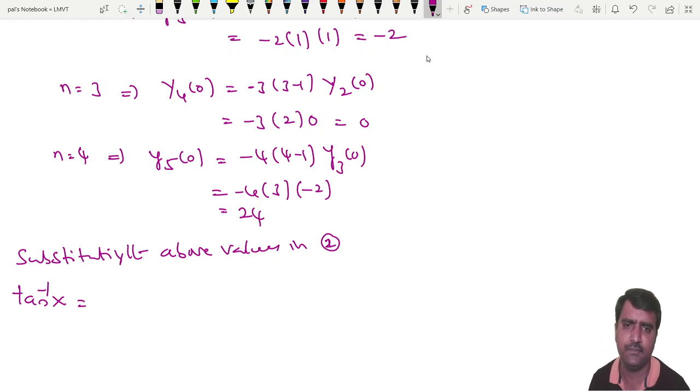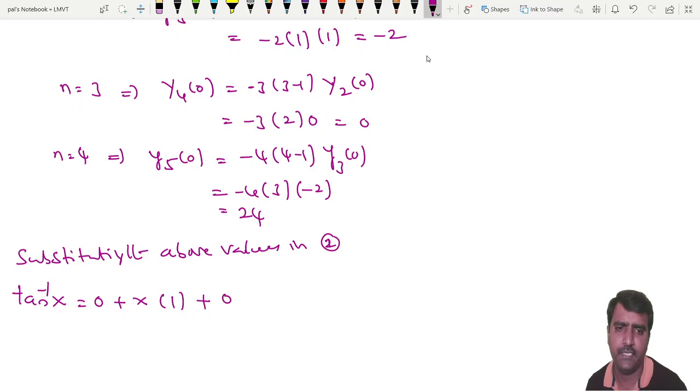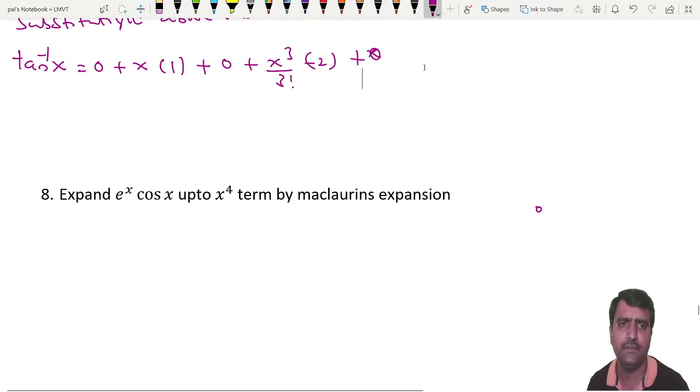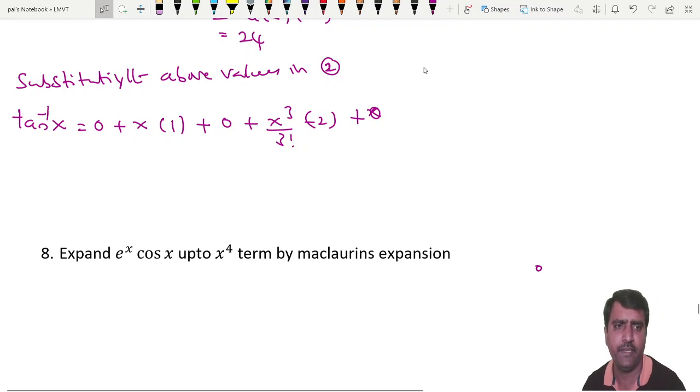Tan inverse of x is equal to y of 0, that is 0, plus x into y1 of 0, that is 1, plus y2 of 0, that is 0, plus x cube by 3 factorial into y3, that is minus 2, plus x to the power 4 is 0 because y4 of 0 is 0, plus x to the power 5 by 5 factorial into 24.